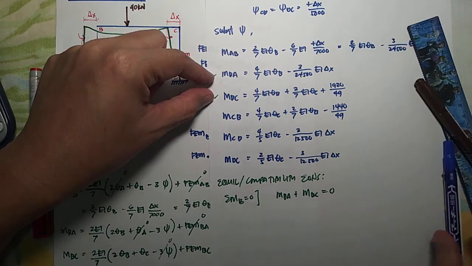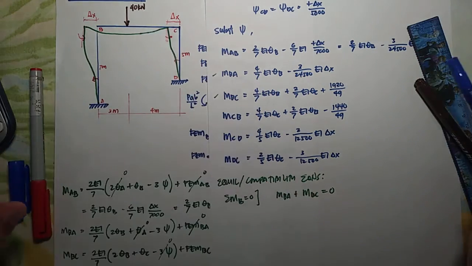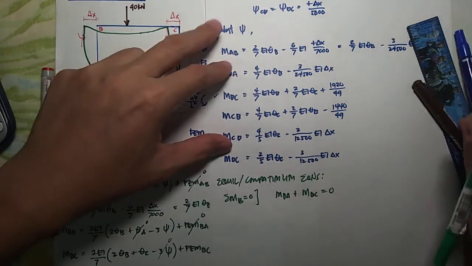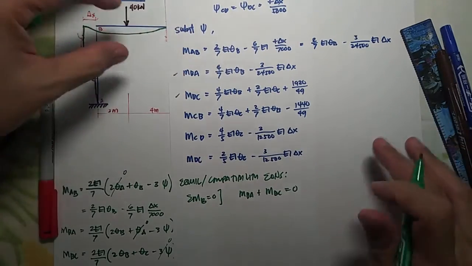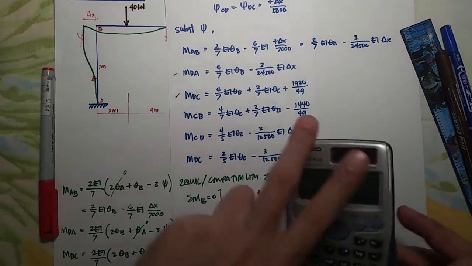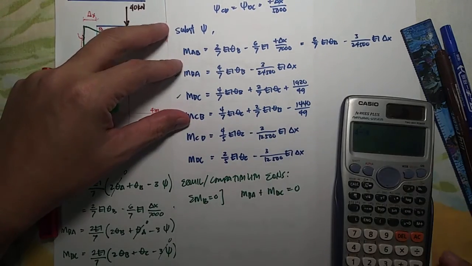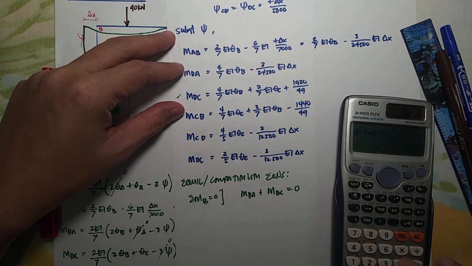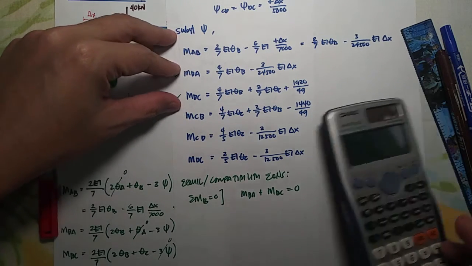So if we do that, okay, so let's add these two. So this would be 4 over 7 plus 4 over 7. So that's 8 over 7. No?